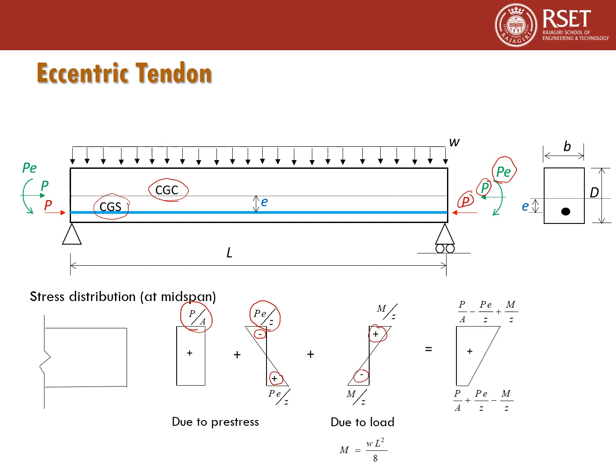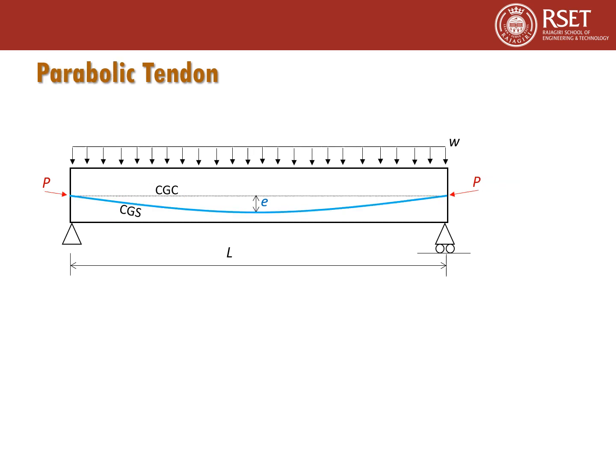Now taking the sum, we get the top stress of P by A minus PE by Z plus M by Z and a bottom stress of P by A plus PE by Z minus M by Z. And these stresses should be within limits. Now let's see a parabolic tendon. This will be very similar to the earlier case because at midspan it is having an eccentricity E, similar to the earlier case.